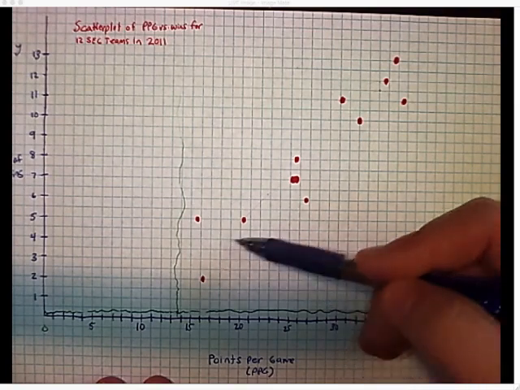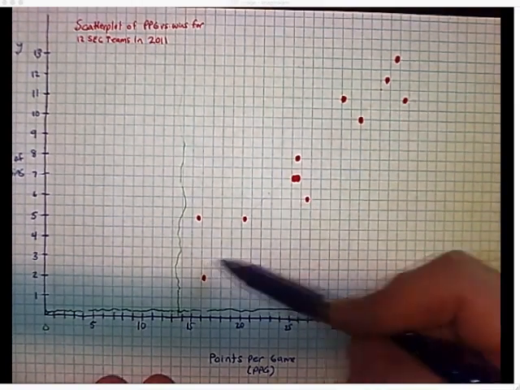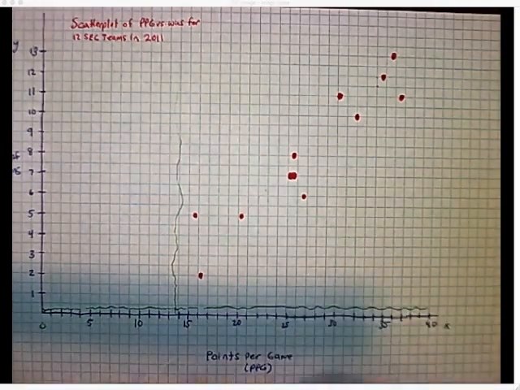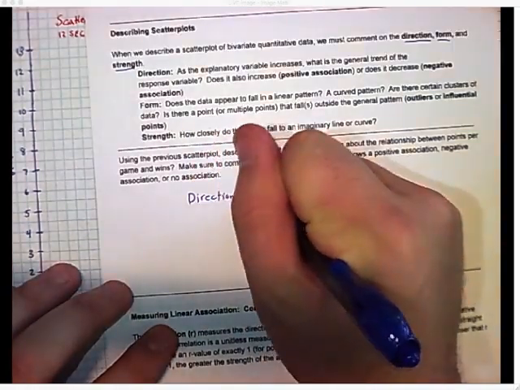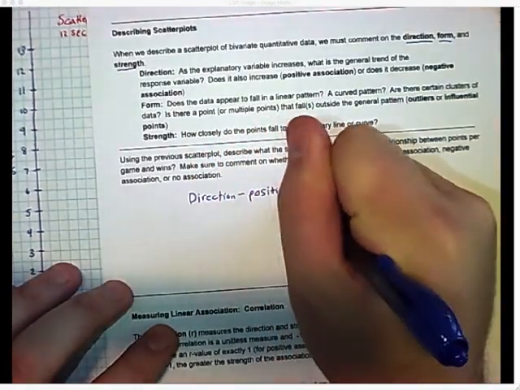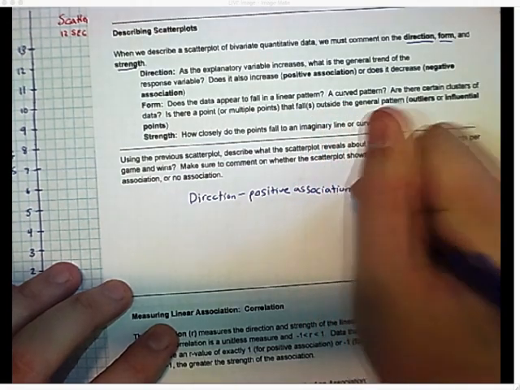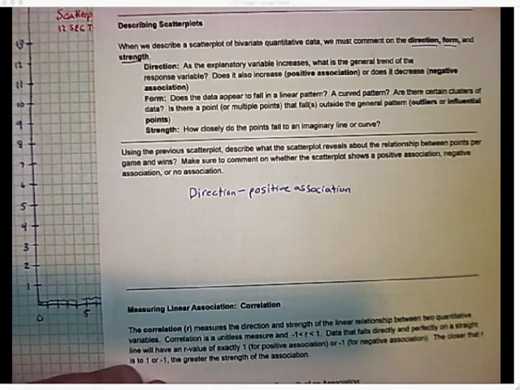Are their number of wins going up or down? To me, it looks like the more points they score, the more wins they have. That's what these points reveal. So I would say the direction, I would say that there's a positive association. If one variable tended to go up and the other one tended to go down, that would be a negative association.